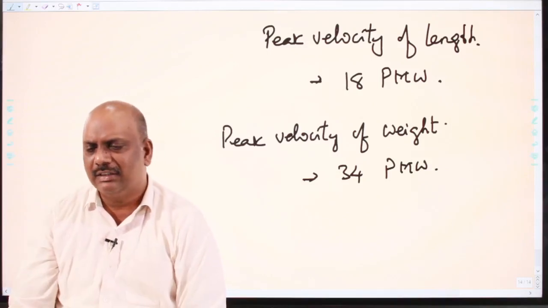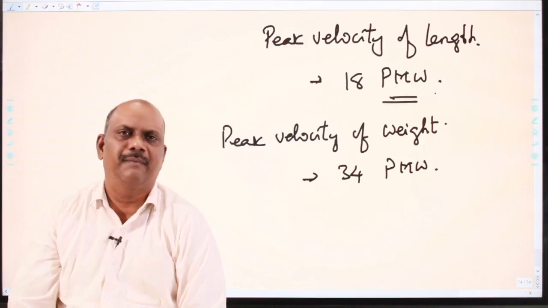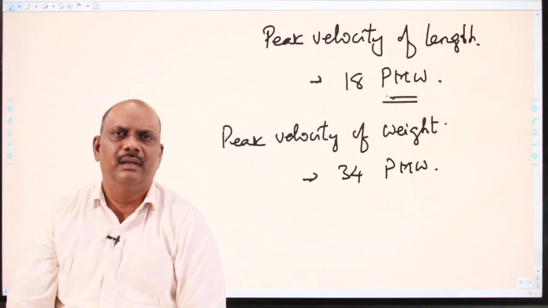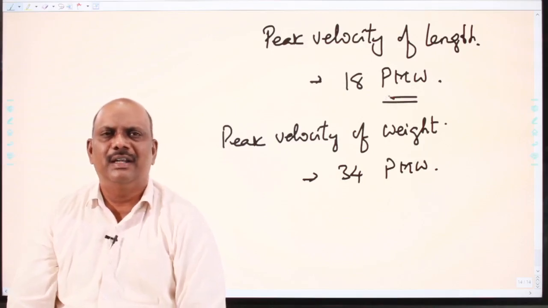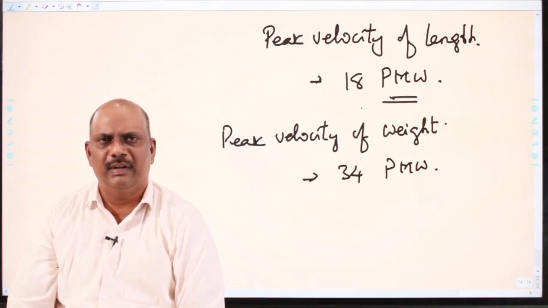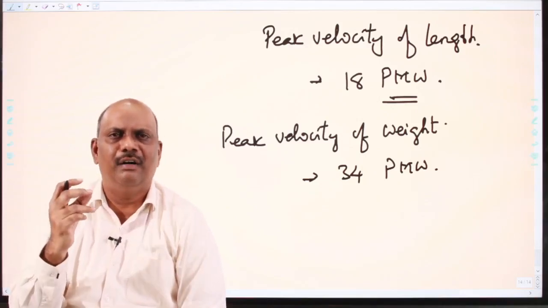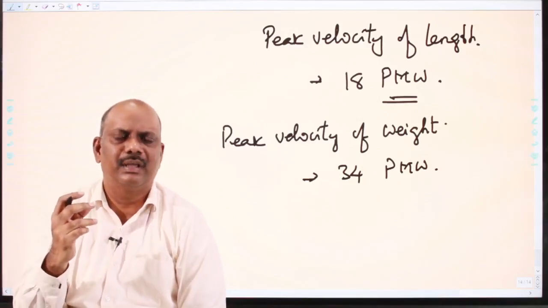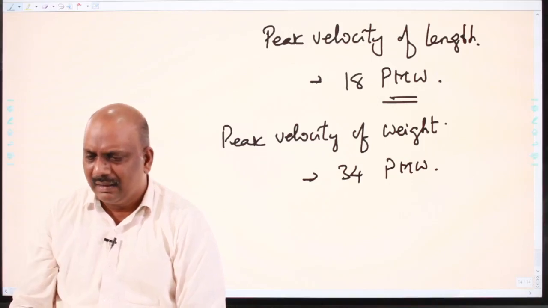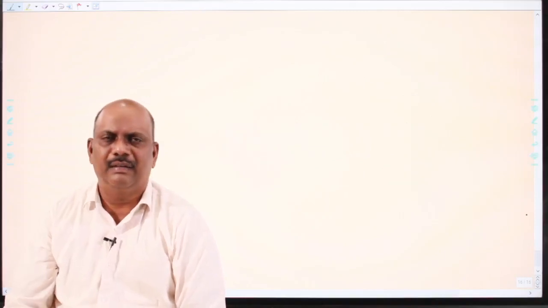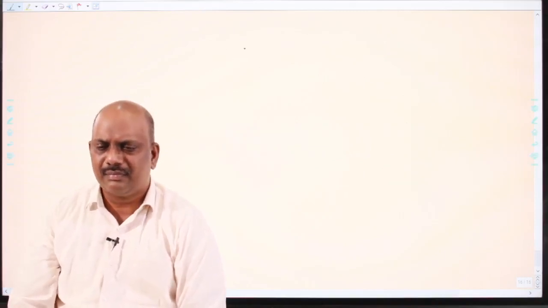Before going into what is this velocity of length and velocity of weight, I will explain what this post-menstrual week is. During pregnancy, you can see doctors using the term PMW, post-menstrual week, because this actually gives the accurate age of the embryo. Take for example a woman, 1st August.